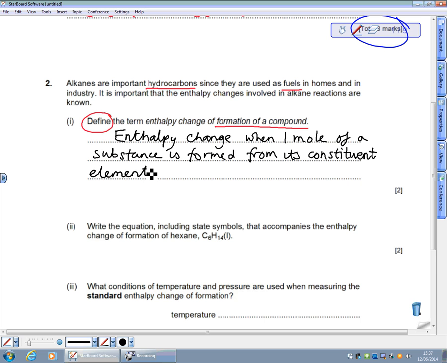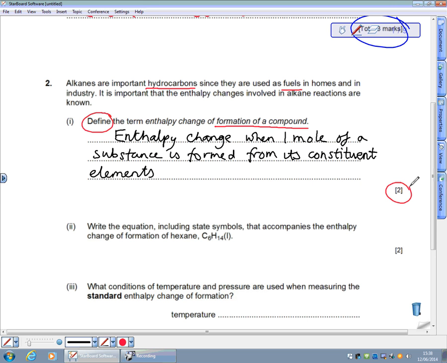Now this is only worth 2 marks according to my scheme down here, but again, if I'm not entirely sure, I think I ought to state that the elements that my new compound is going to be made from have to be in their standard states.